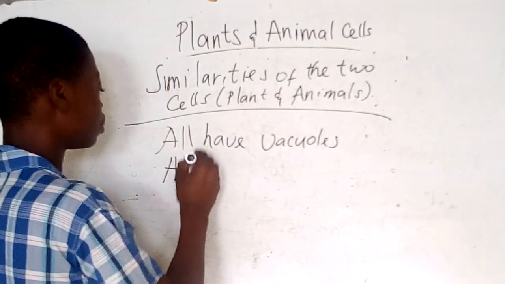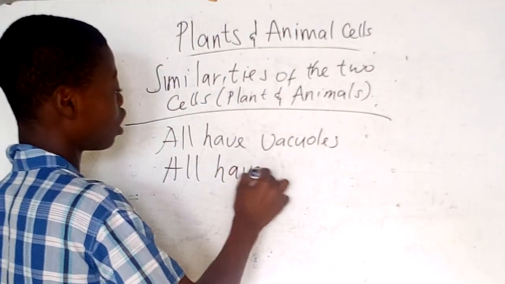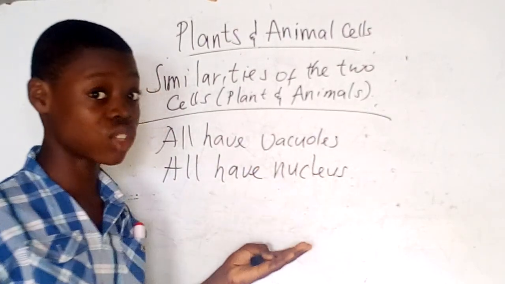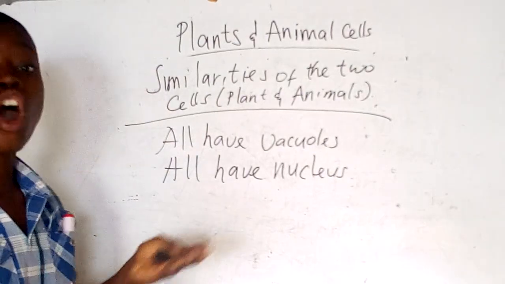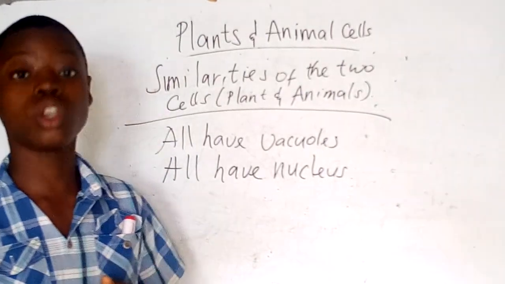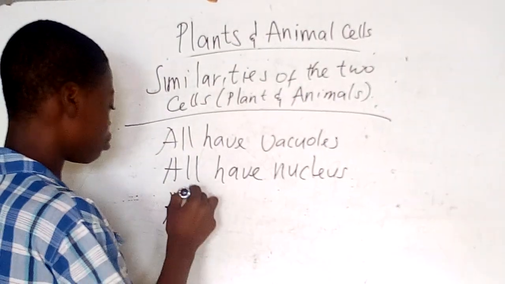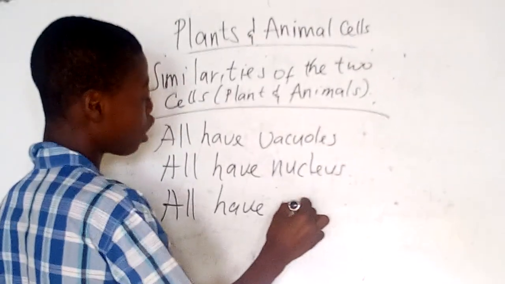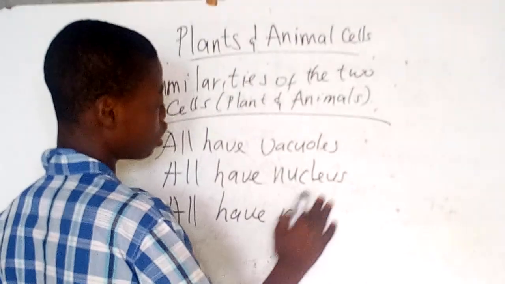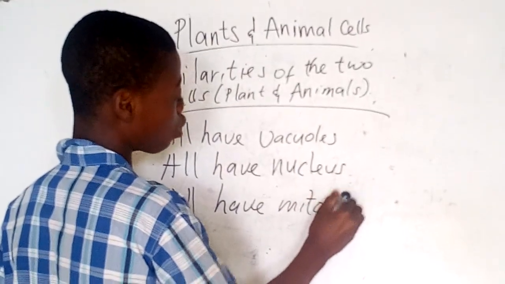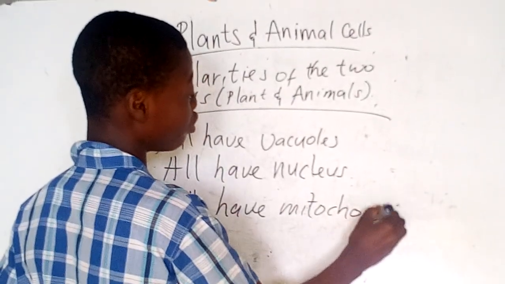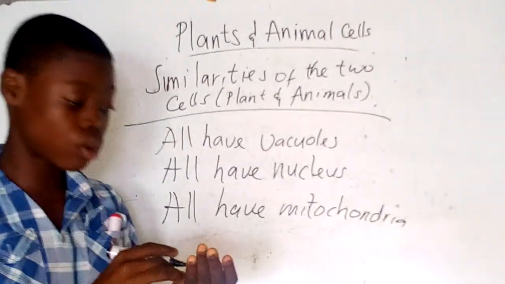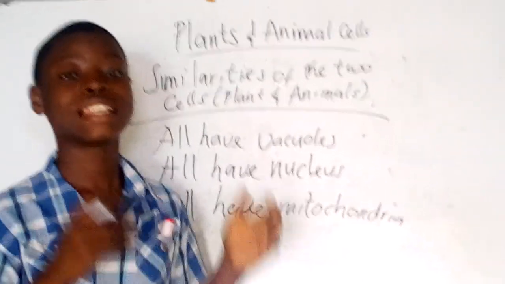They all have nucleus. I hope you saw it when we are doing it. They all contain nucleus. Okay, let's move on. They all have mitochondria. Remember, mitochondria is multiple and mitochondrion is single.